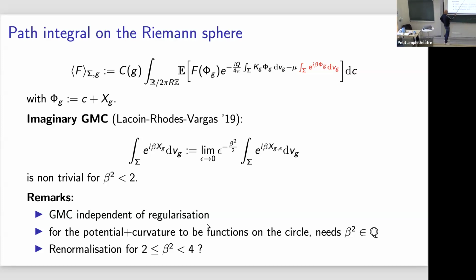The central charge in that case is less than -2. There should be a way to define the model for beta squared between 2 and 4. In that case, you reach values of the central charge between -2 and 1.